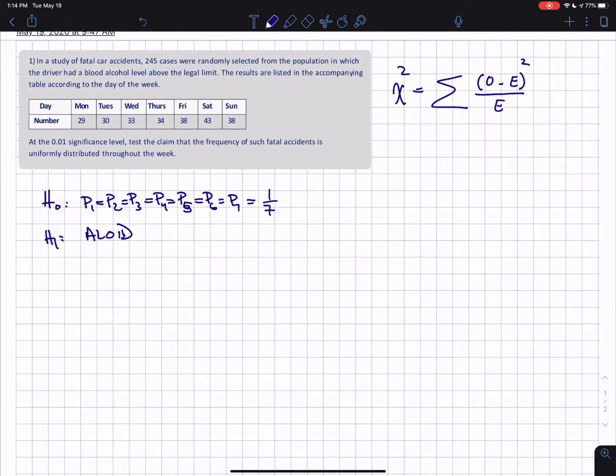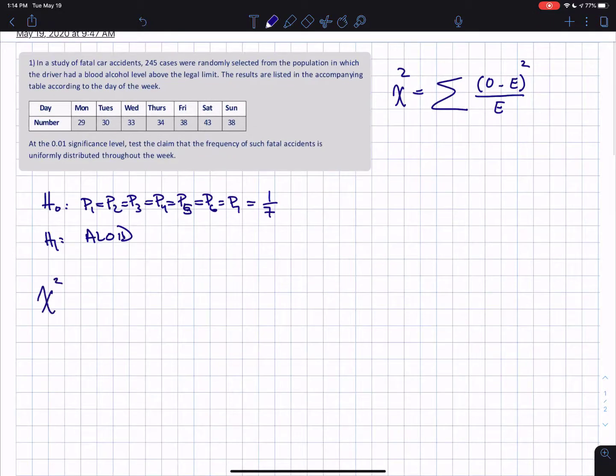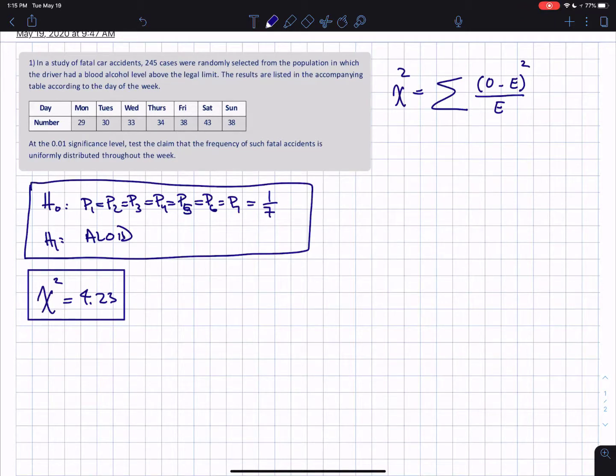All right, so my test statistic, which is a chi-square value, is 4.23, and I'm just going to use 2 decimal places. So here's my step 2. And this was my step 1. You've been used to putting it in the box.